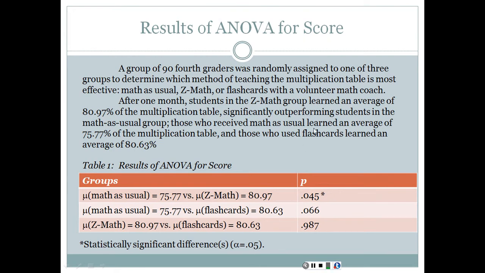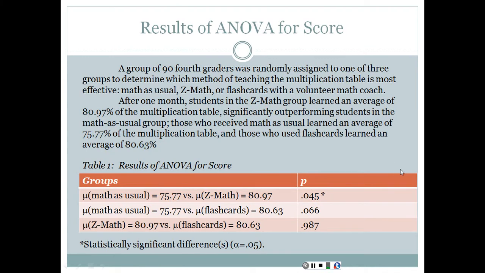So when writing my abstract, I can say a group of 94 4th graders was randomly assigned to one of 3 groups to determine which method of teaching the multiplication table is most effective: math as usual, ZMath, or flashcards with a volunteer math coach.